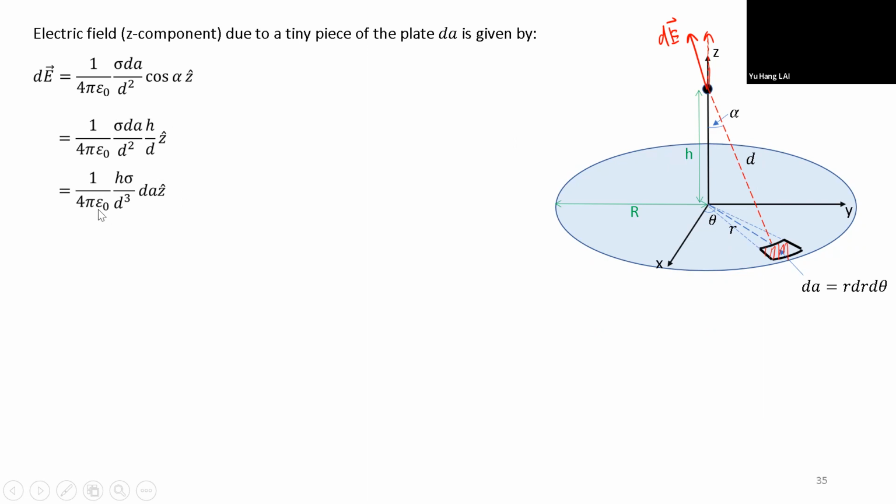So at the end, I have everything expressed in terms of h or d, but not this angle alpha. Then this is the contribution from this tiny area. Next, we do the double integral.